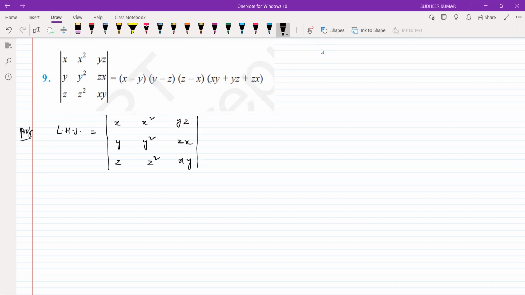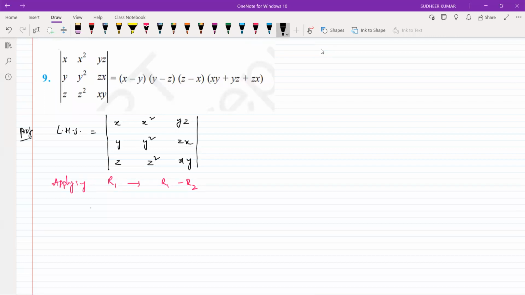First, when a 3 by 3 determinant is given, try to get x minus y and y minus z. How to get x minus y? The remaining will automatically come. R1 minus R2. We are going to apply the same: R1 changed as R1 minus R2.